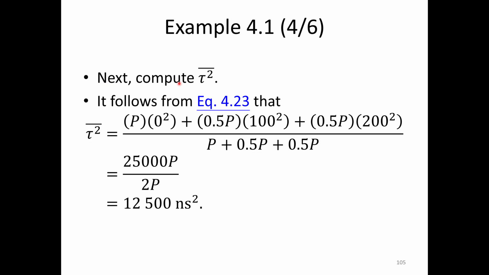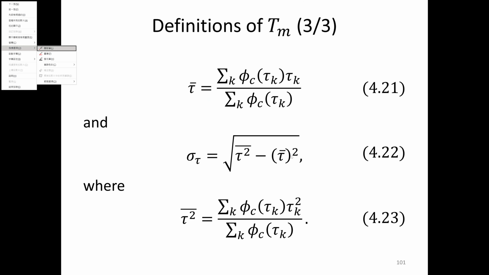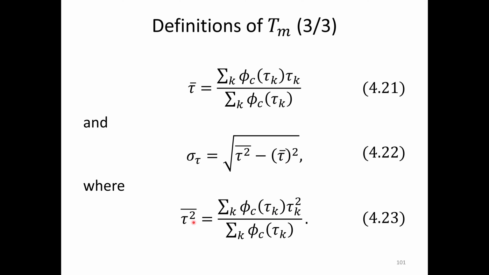Next, compute tau square bar. It follows from equation 4.23. We can see that tau square bar is equal to the summation of phi c of tau k times tau k square, divided by the summation of phi c of tau k.